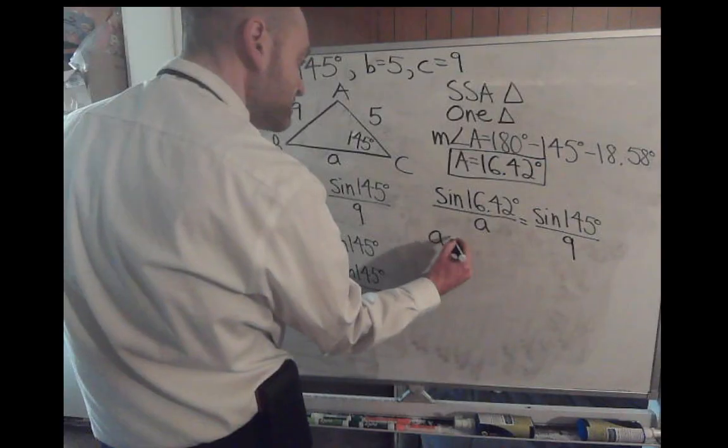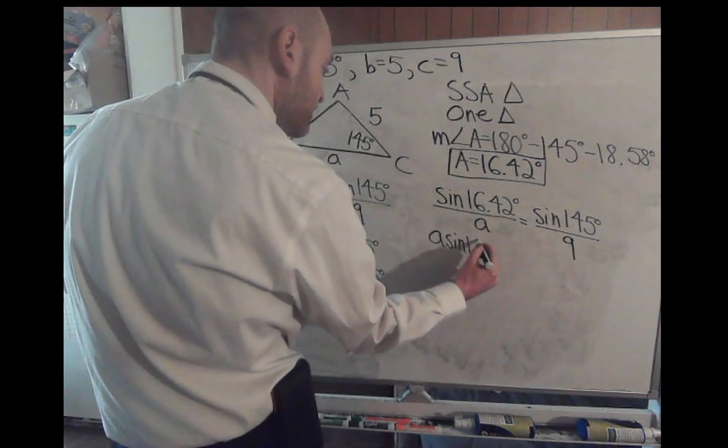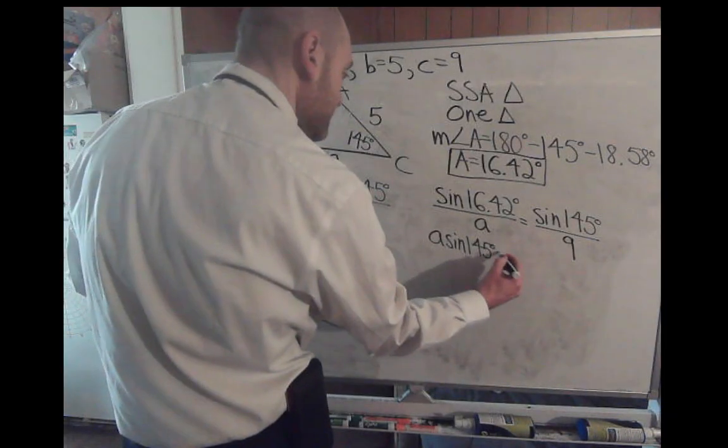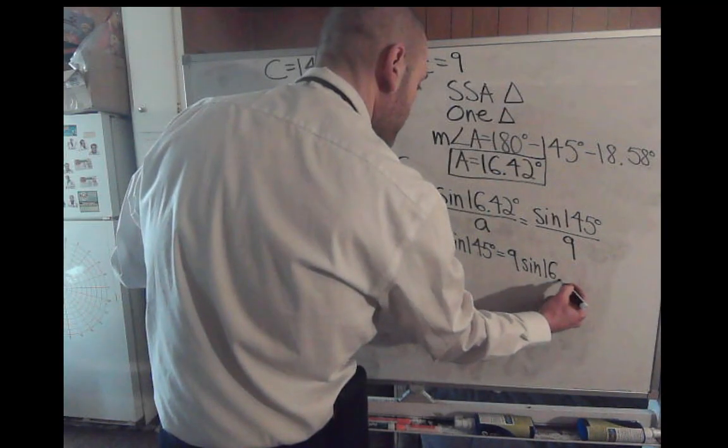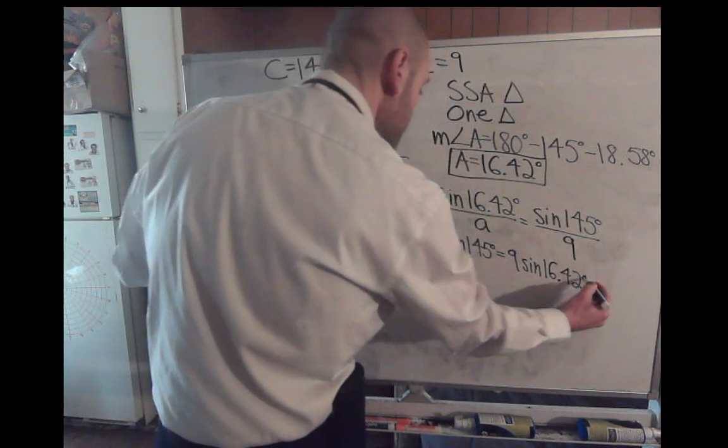So A times the sine of 145 degrees equals 9 times the sine of 16.42 degrees.